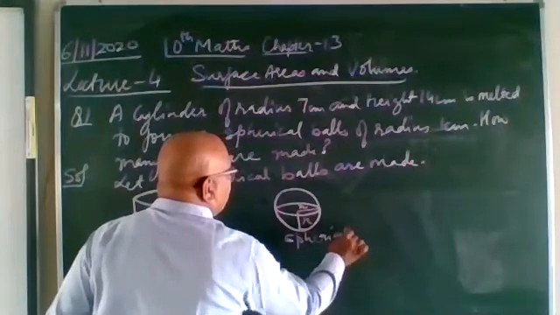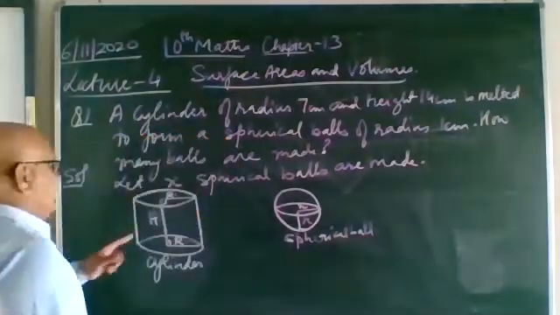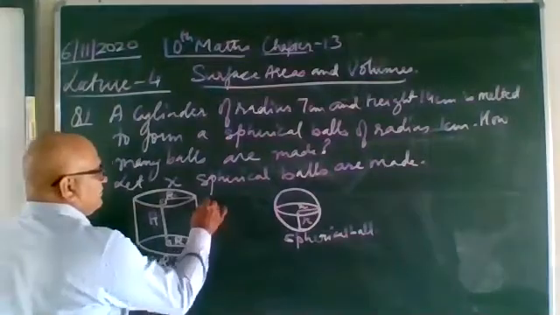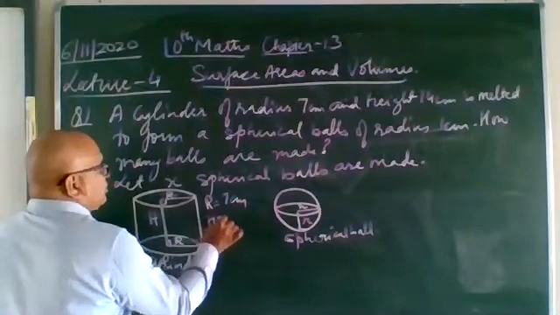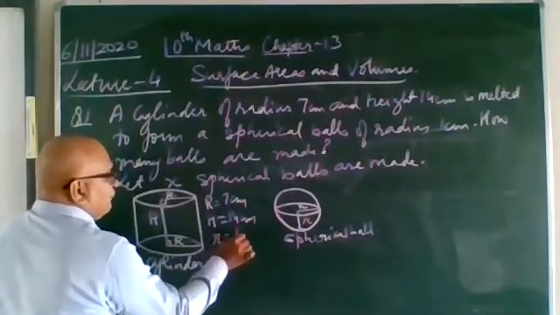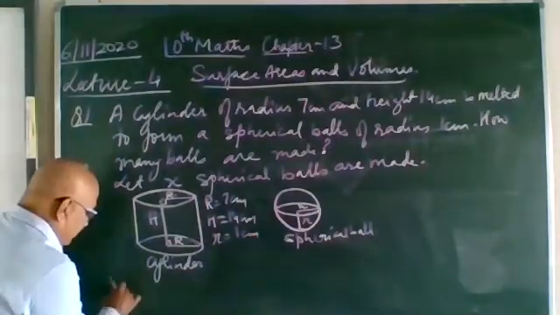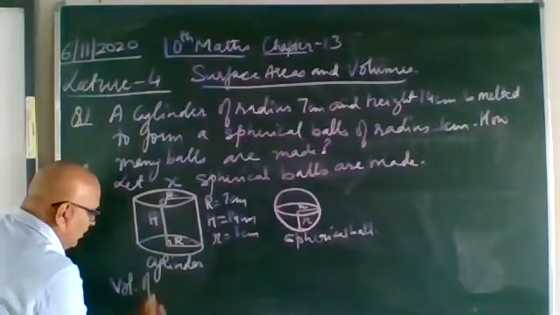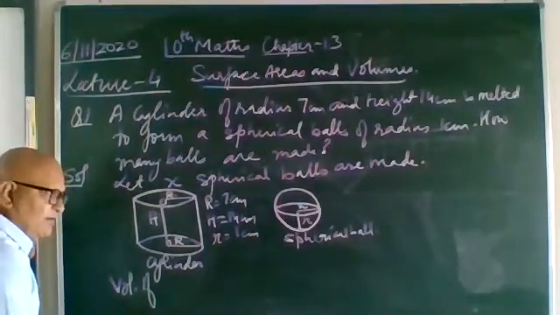Now write the measurements. Capital R, that is 7 centimeter. Capital H, 14 centimeter. Small r, 1 centimeter. Now concept, volume of melted figure equal to volume of casted figure.